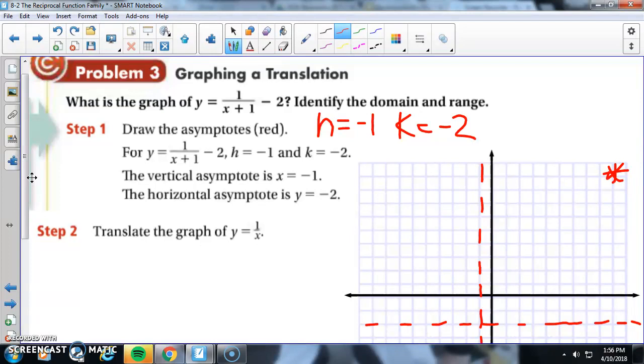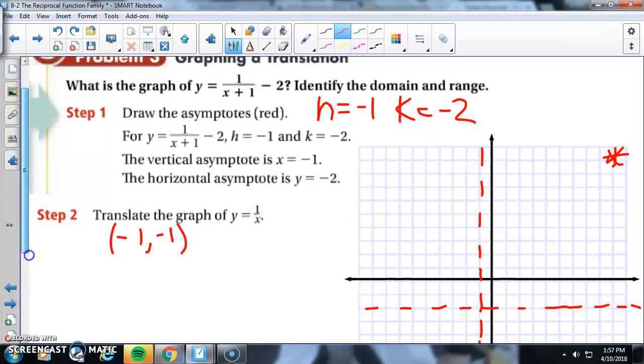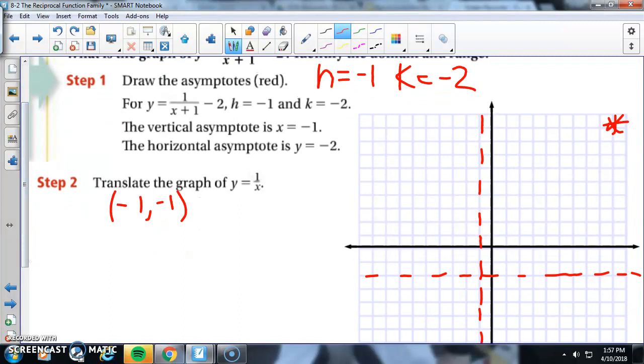So if I plug in negative 1, I would get negative 1. Therefore, I'm going to take negative 1, and go left 1, down 2, and make a point. And then I'm going to approach both asymptotes.